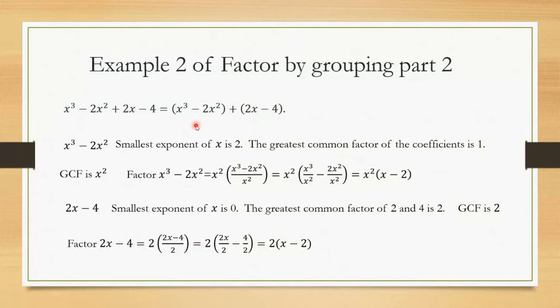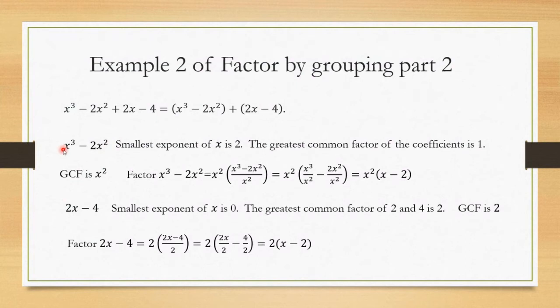Okay, so from the first group, we're going to get x cubed minus 2x squared. That's the first group. So let's factor it. Well, we can see that the smallest exponent of x is 2. So m is 2.